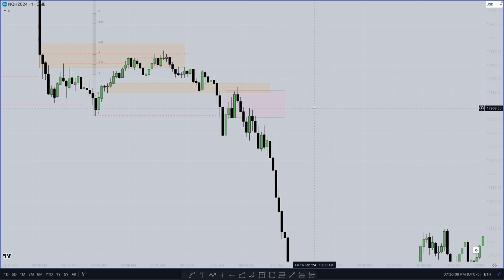You could use a lot of different things. Order blocks, there's a fair value gap right here. This is a unicorn setup right here in an OTE of that swing leg. And then this is a great breaker zone or breaker retest.